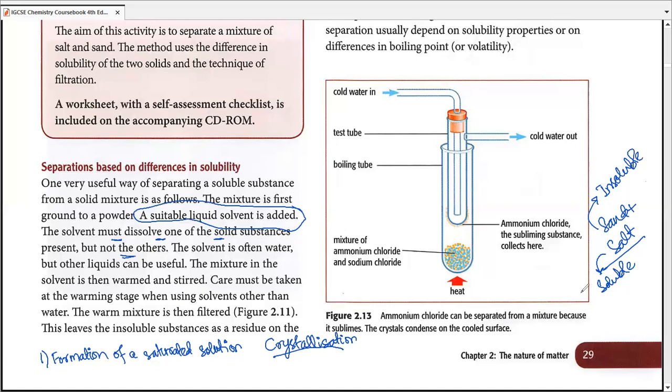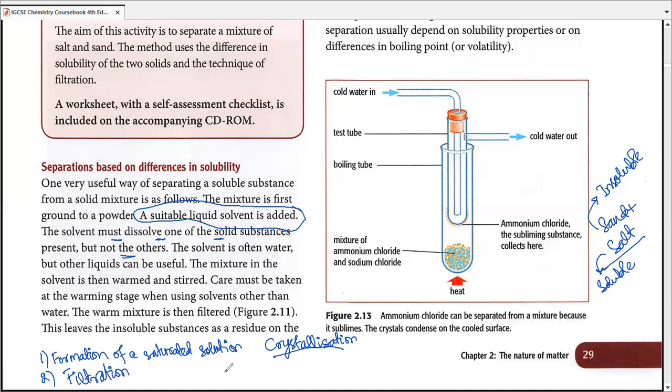So if you can't use water, any other solvent would be suitable if and only if it dissolves one of these things and does not dissolve the other one. Make sense? Yes, sir. Good. Which takes us to our step 2. As soon as you're done with it, filter the solution. So the next step is filtration.